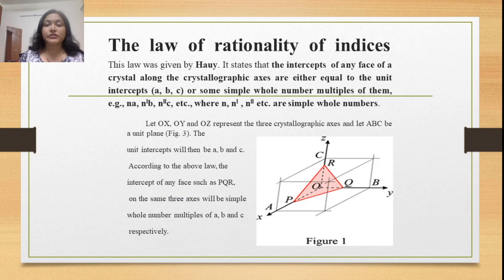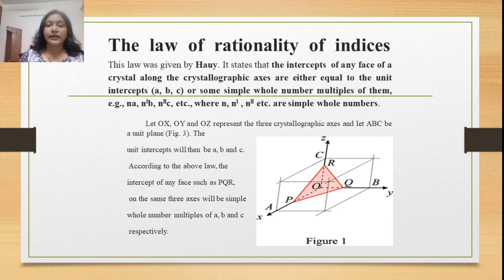The law of rationality of indices was given by Haüy, and it states that the intercepts of any face of a crystal along the crystallographic axes are either equal to the unit intercepts or some simple whole number multiples of them.